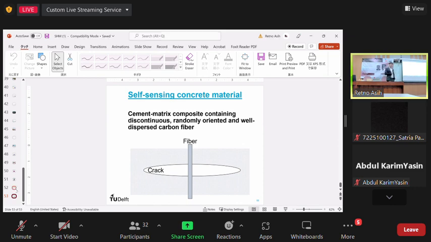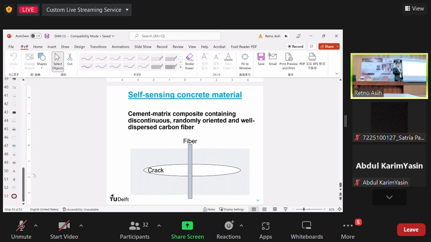One of the areas they are working on is the change in electrical resistance, which I explained with one example here. But there are different ways of doing it, and different types of materials being introduced. The application is not just concrete, but also many other applications.